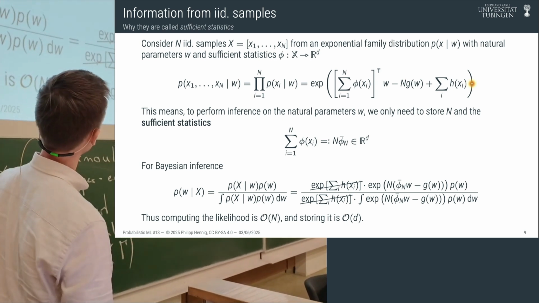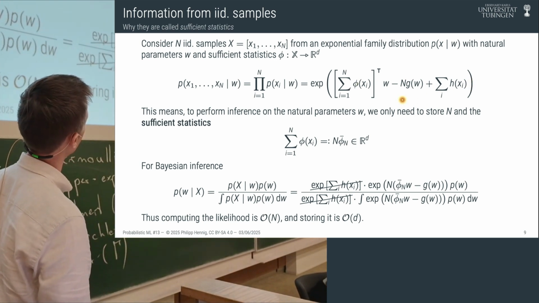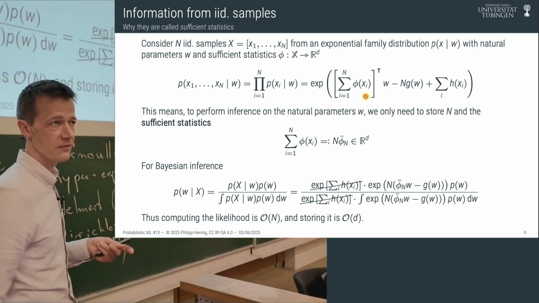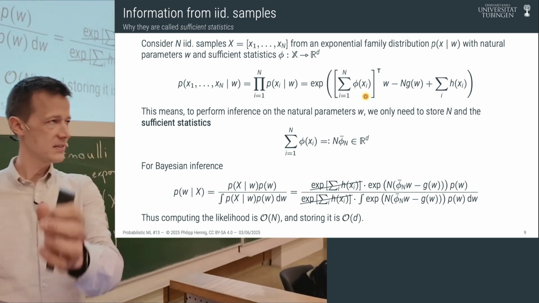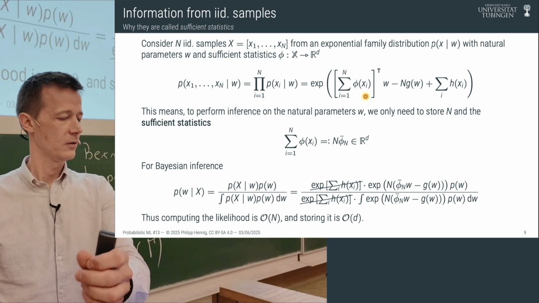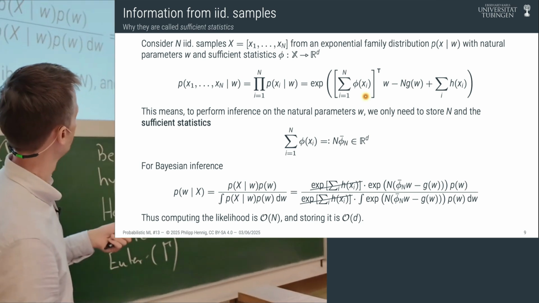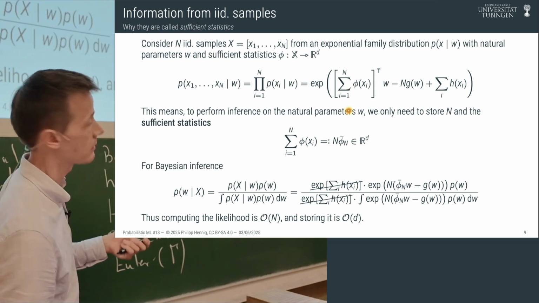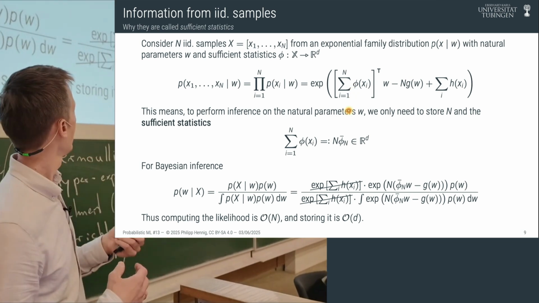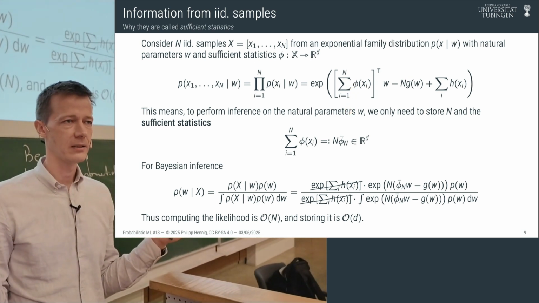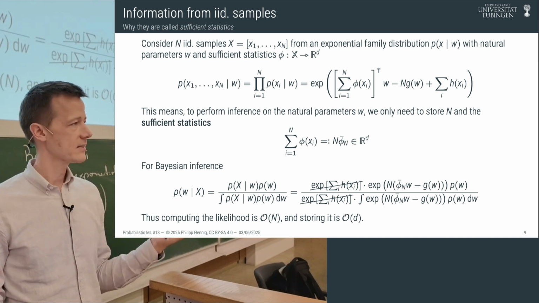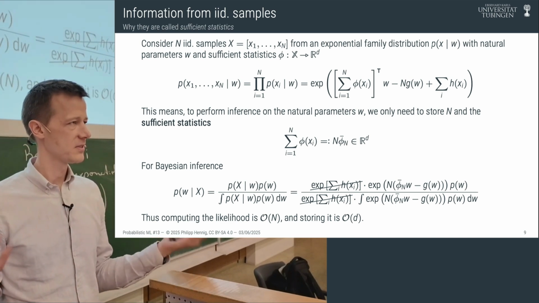And obviously, these are quantities that I can store very efficiently. So if I have memory for one instance of phi and one instance of h, where h, again, is just one real number, so you could think of it as an extra thing to add to the list here, then I have enough storage to keep track of the entire data set. So every time a new x comes in, I just update this sum.